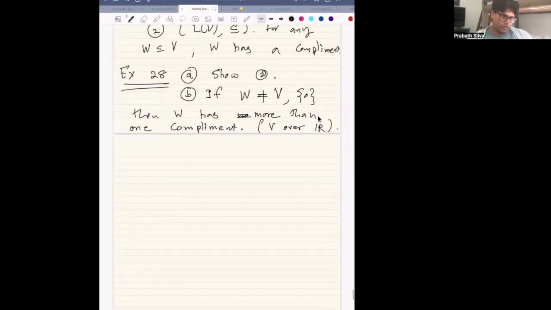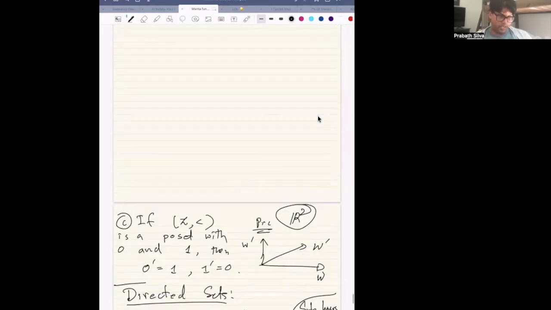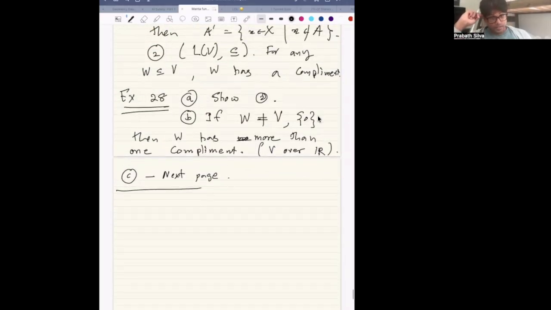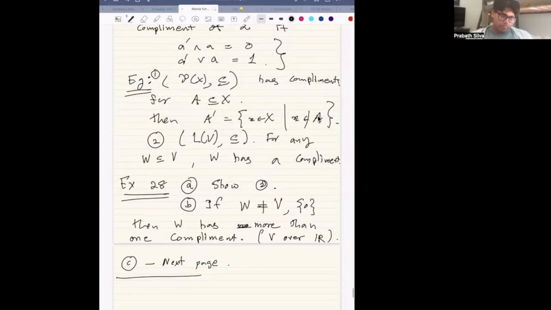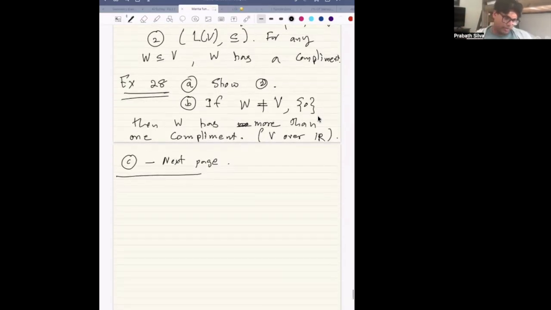Part C is in the next page. Okay, so you had exercise A, B, and C. C is in the next page. So I mentioned that Boolean algebras have unique complements, and so we have this definition.